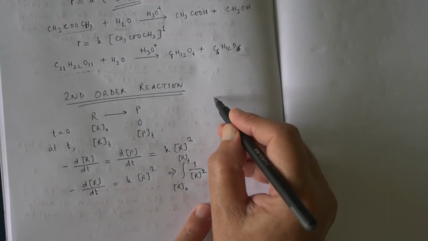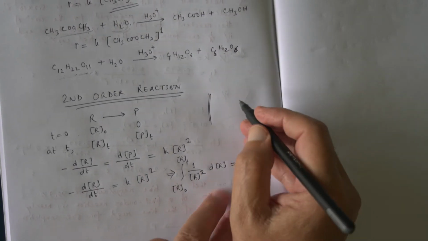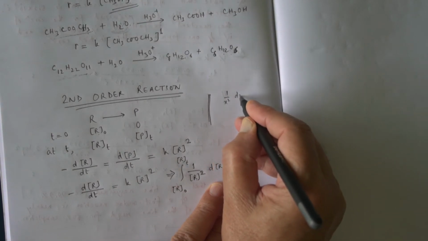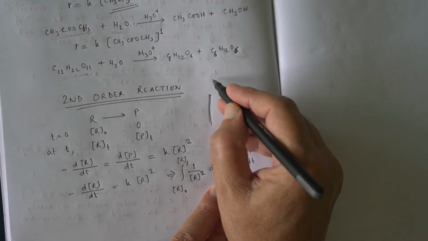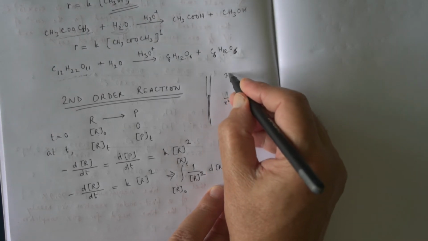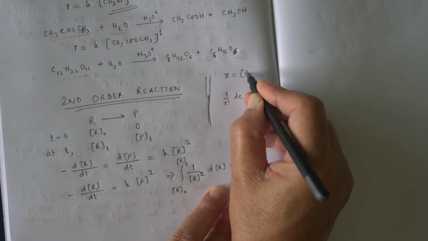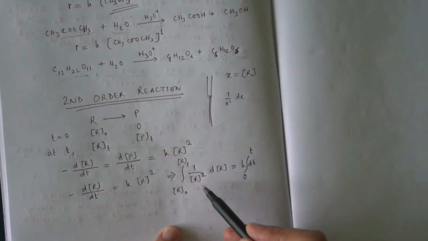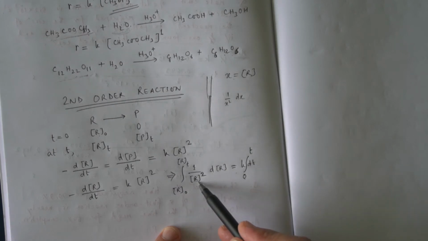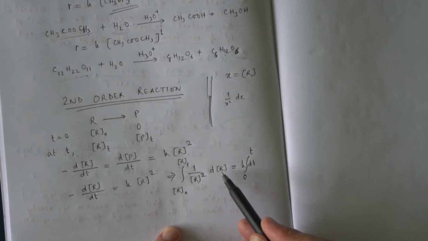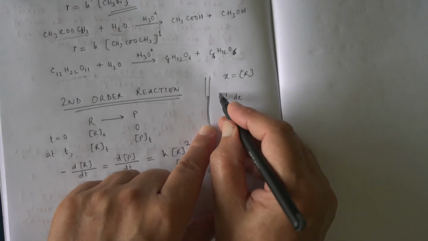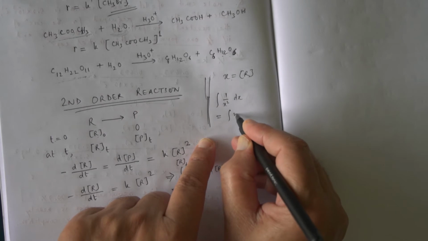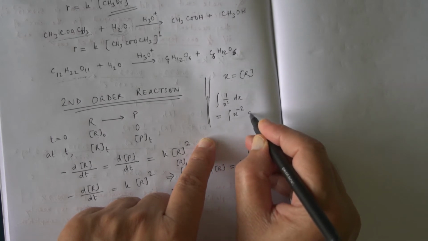Now you know, say 1 by x square dx. Let me write x equal to R. So integration of this equal to x to the power minus 2 dx.